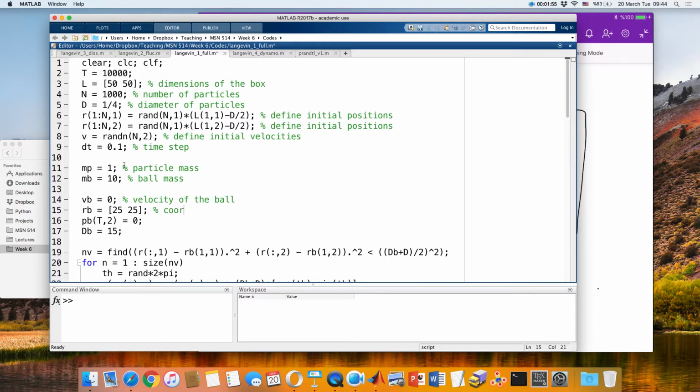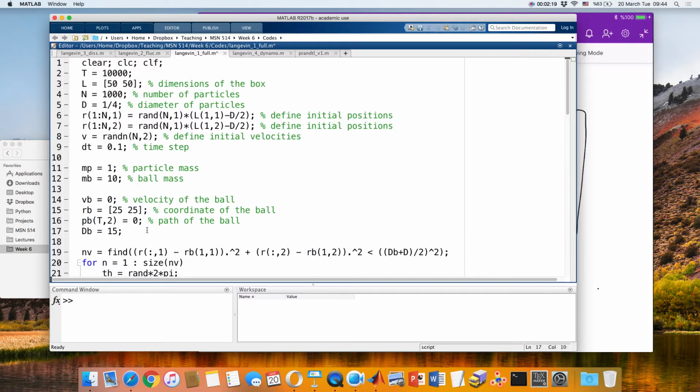This is the coordinate of the ball. And this is just the path of the ball. So basically this PB will keep the RB data with respect to time. I will use it for plotting.